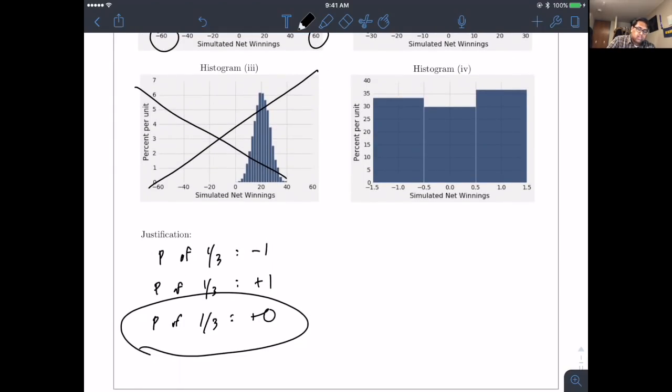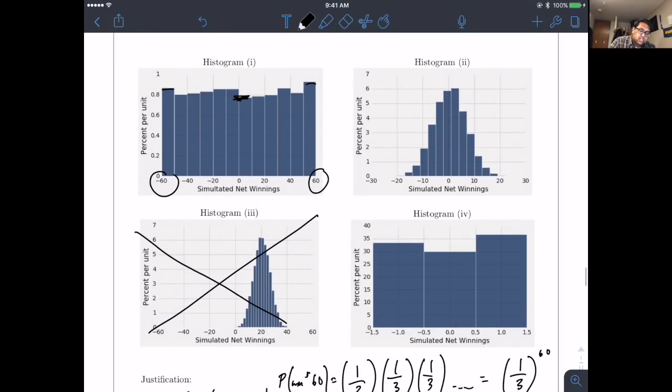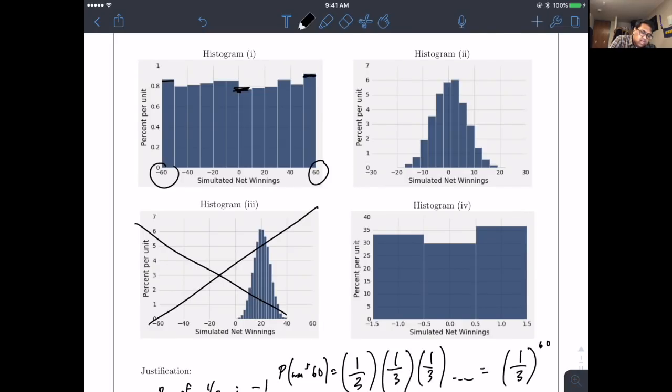It would be 1/3, the probability of winning $1, times the probability of winning $1 again, and so on, which becomes the probability of winning $1 to the exponent 60, which is very, very close to 0, nowhere near the probability of winning $0 or $1.